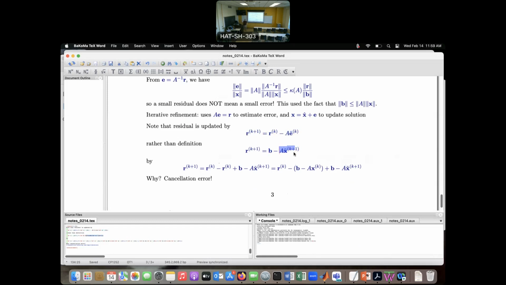When you are subtracting two vectors, matrices, whatever, that are close to one another, but the difference between them is much smaller than their own magnitudes, that is catastrophic cancellation.